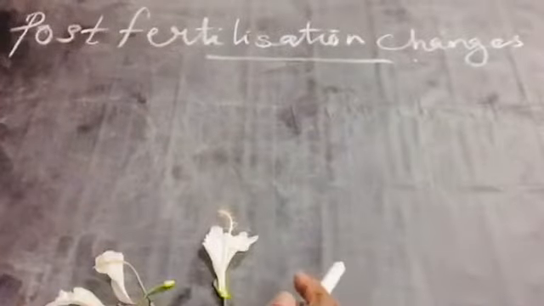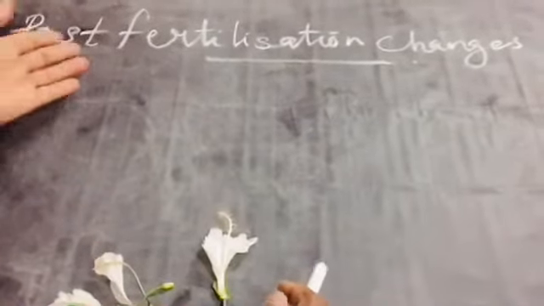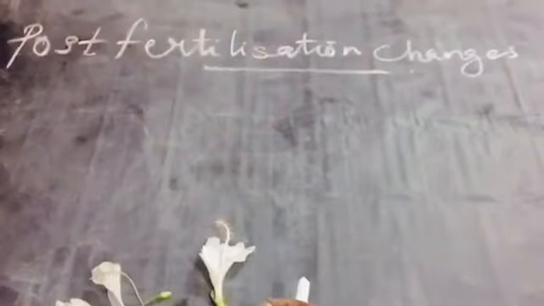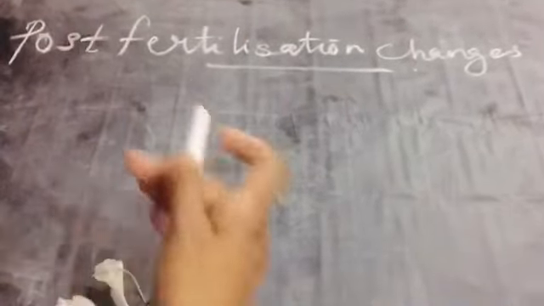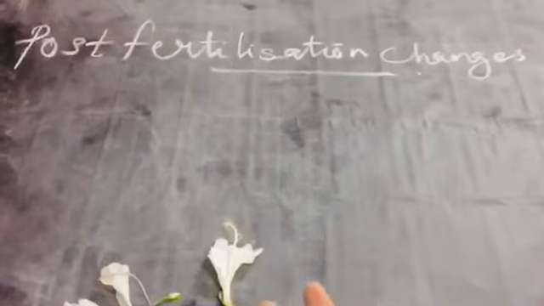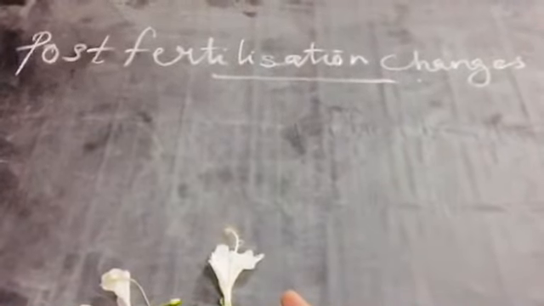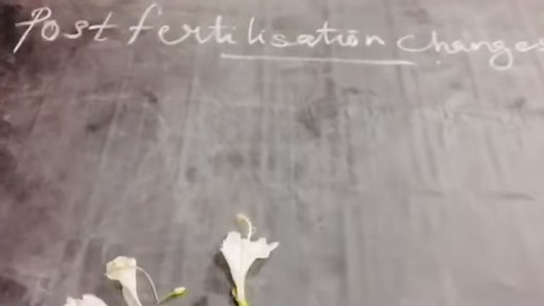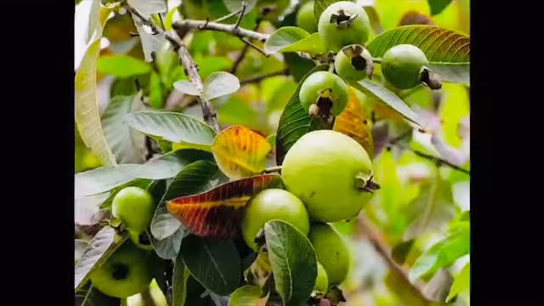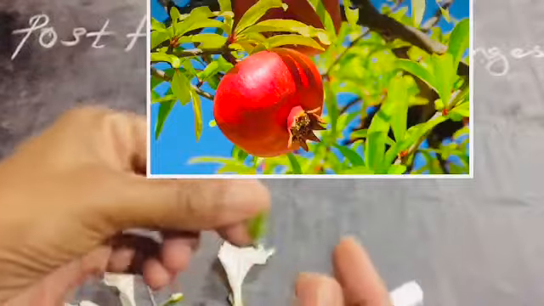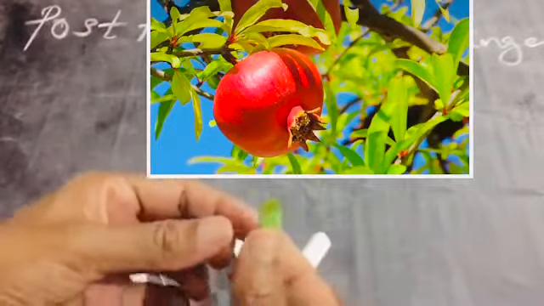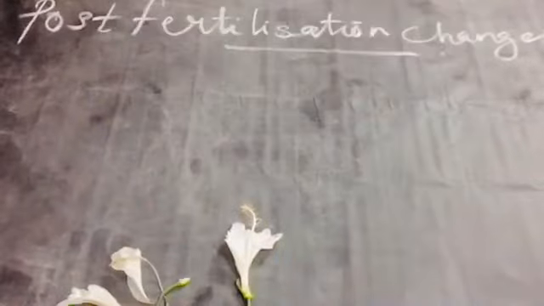The next topic, post-fertilization changes. Post means after. What are the changes that occur in a flower after the fertilization? In fruits you might have seen, like pomegranate and guava, you can see the calyx or the sepals still attached to the fruit or withering away.